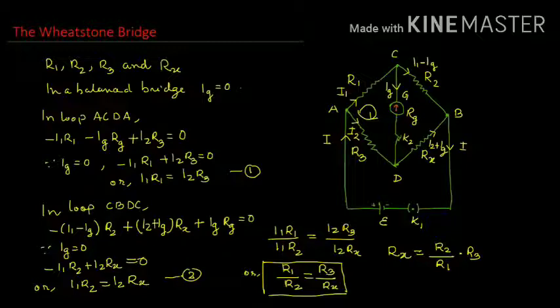Now, if we interchange the connection of battery and galvanometer, that is, the battery is connected between C and D and the galvanometer is connected between A and B, then you can easily check the same result, that is the condition R1 by R2 is equal to R3 by Rx.